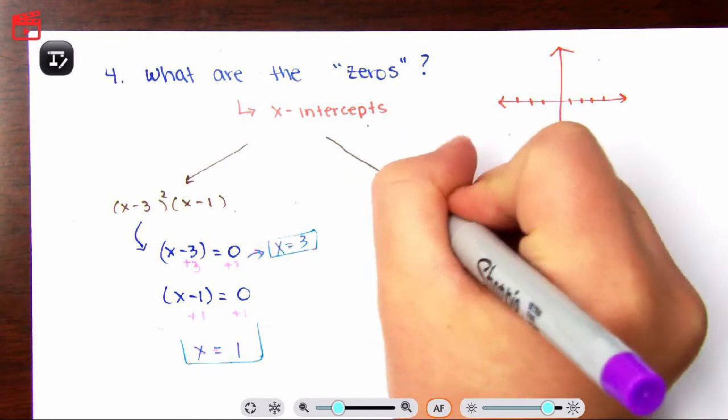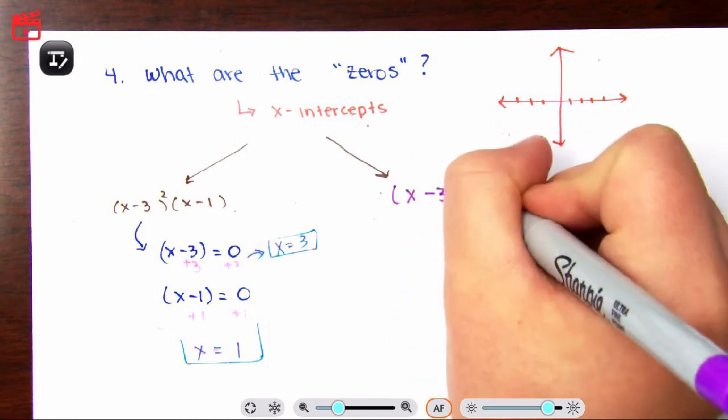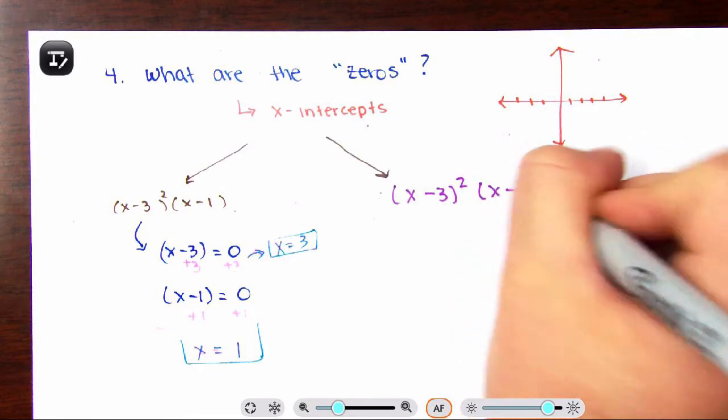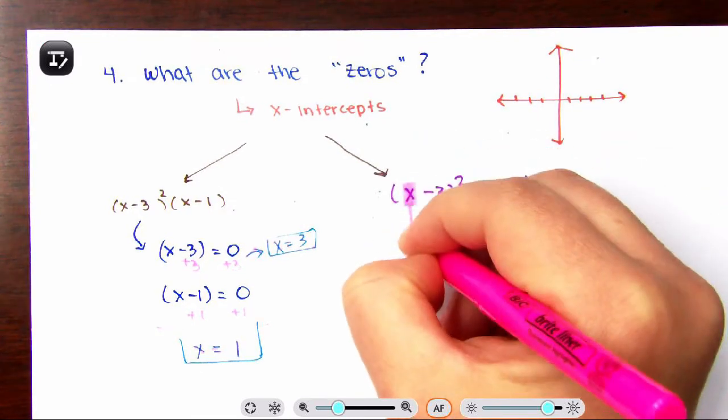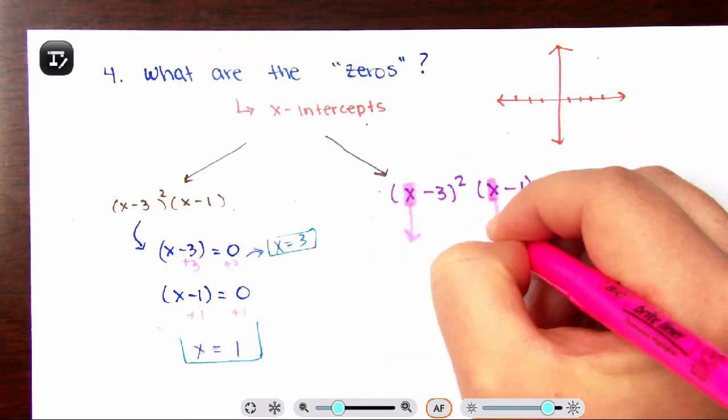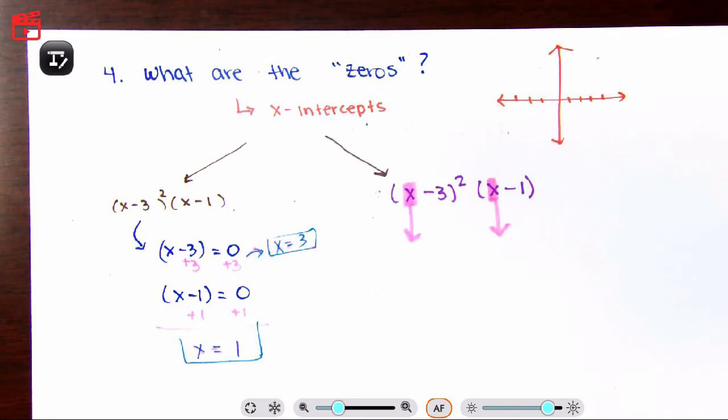So if we have our bubbles, I'm looking at each bubble individually, and I'm asking myself, what does x have to be in order for the bubble to be 0? And again, I'm looking at each bubble individually. So this question is being asked many times.